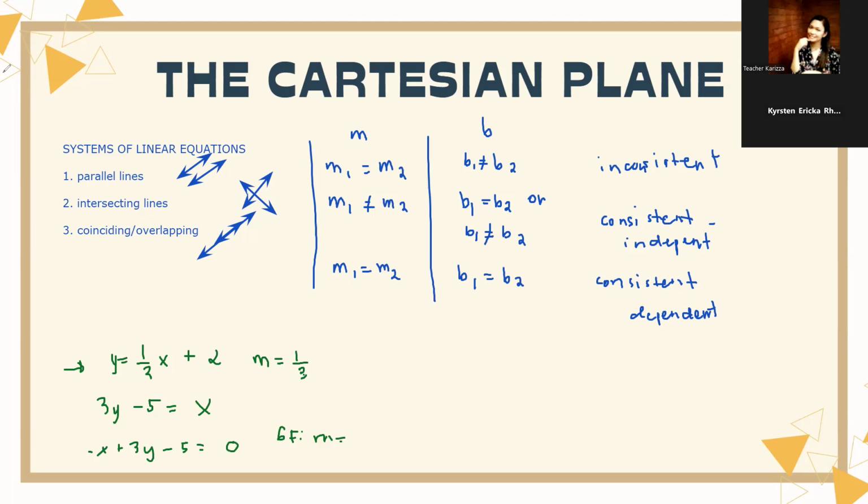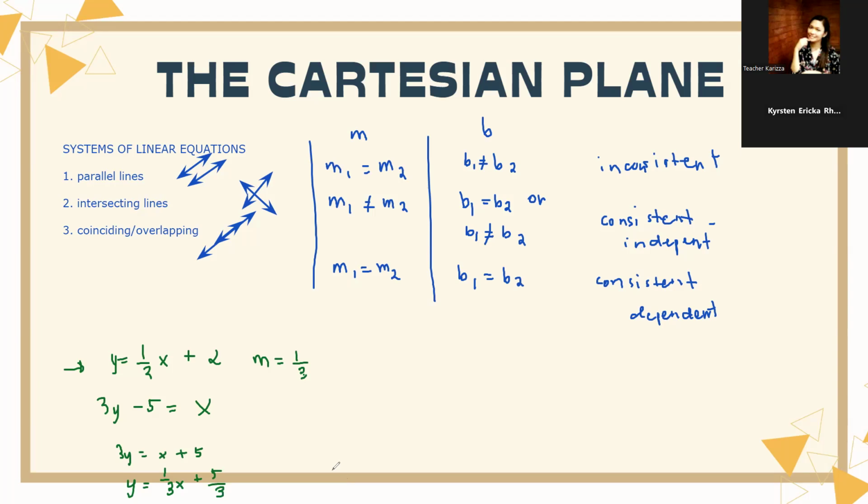I-rewrite mo na lang din into slope-intercept, para hindi ka na mag-solve. But it's negative a over b. You have 3y is equal to x plus 5. Divide both sides by 3. You get y is 1/3 x plus 5 over 3.